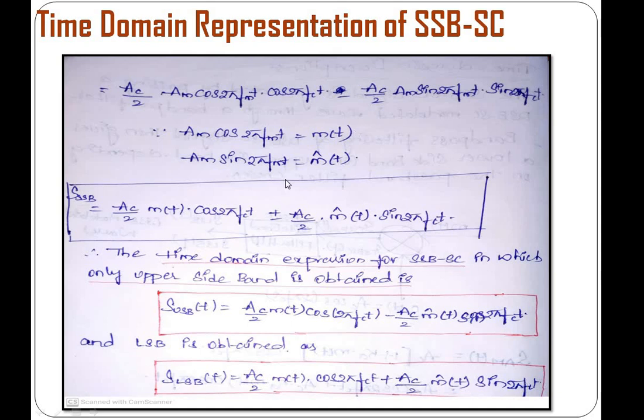So that's the reason the overall SSB signal, the single sideband modulated wave, is given as Ac/2 m of t cos 2πfct plus or minus Ac/2 m cap of t sin 2πfct. I hope you are clear with the time domain representation of your single sideband modulated wave. I hope everyone is clear.